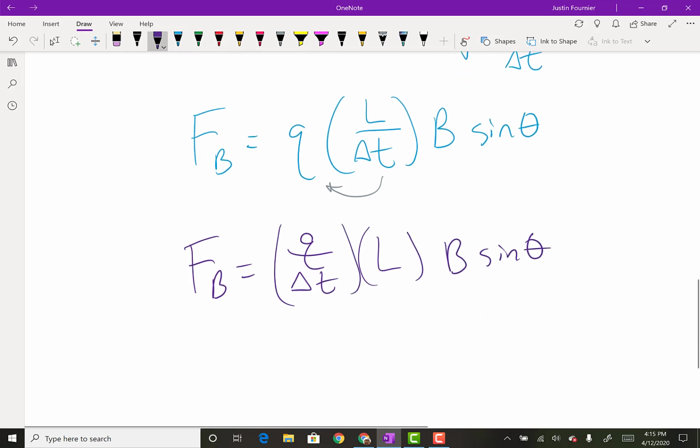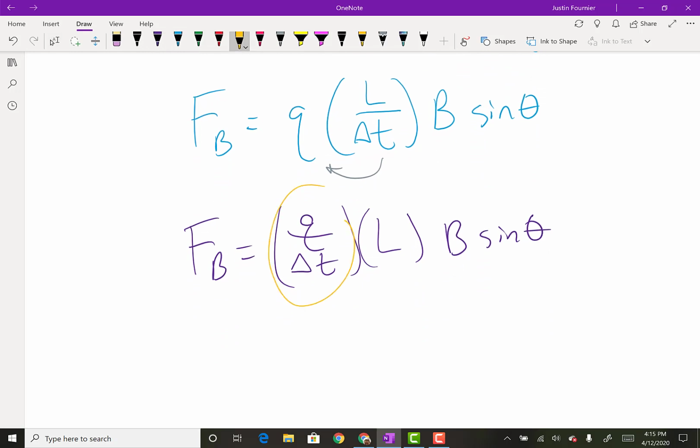And wait a minute, I know this. I've seen this before. The amount of charge over the amount of time it takes, the rate of change of charge, that's current. So really, this is just going to be F_B is the current multiplied by L multiplied by B times sine of theta.